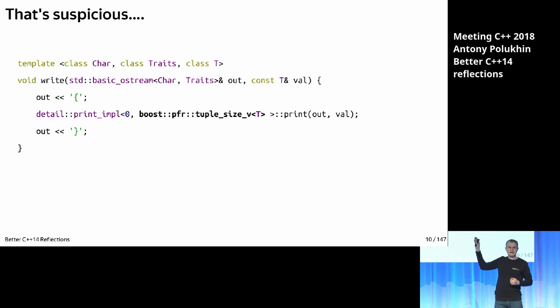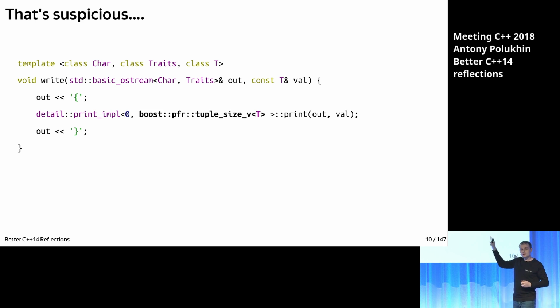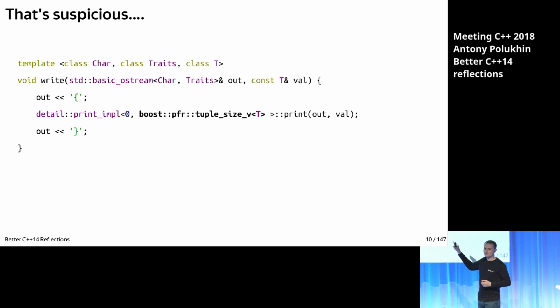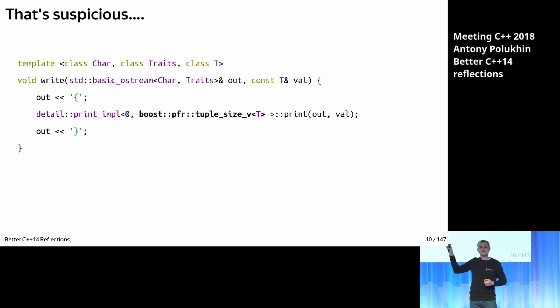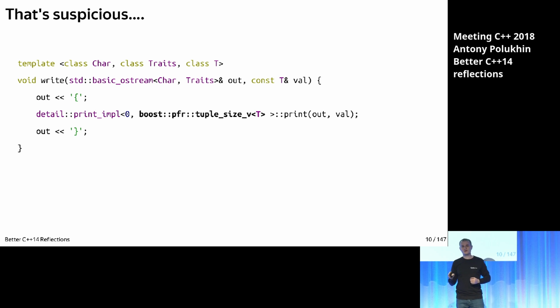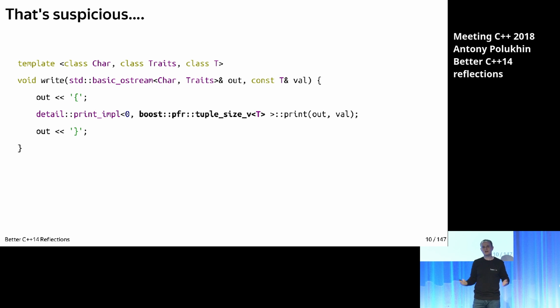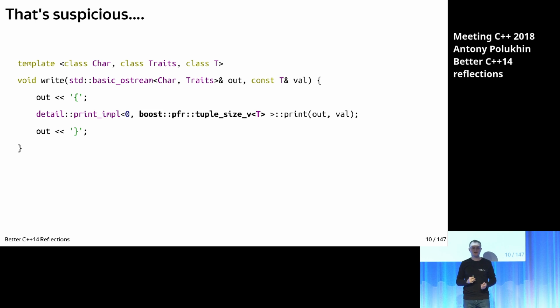Looks familiar, yeah? We have something close for std::tuple. But in this case, we're not working with std::tuple. In this case, T is a user-provided structure. So this function returns the fields count in the user-provided structure, in any aggregate initializable user-provided structure.